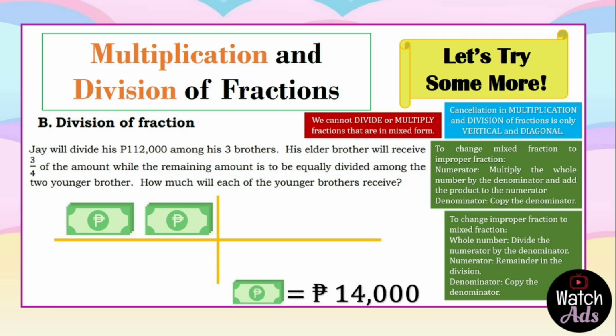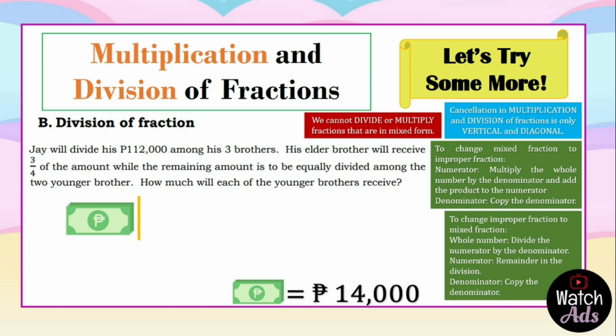Now the 1/4 is for the 2 younger brothers, but they will receive equal shares. So younger brother 1 will receive 1 share and younger brother 2 will receive 1 share. We have to divide it equally. We have 1 share, and remember, 1 share is equal to 14,000. Now that explains our solution earlier.